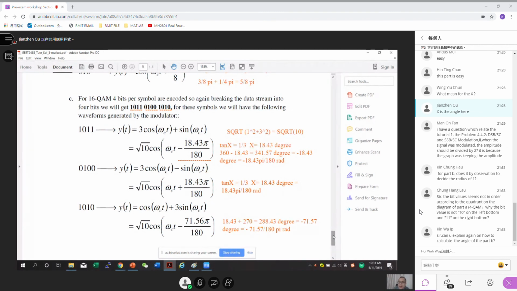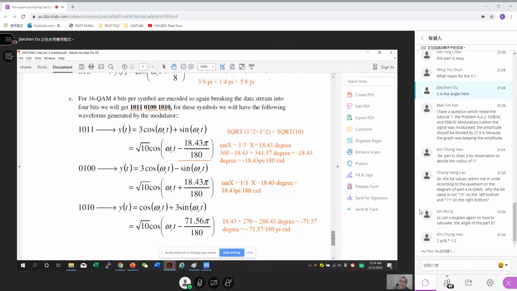For magnitude, you use triangular mathematics. For the angle, you sometimes have to use the initial phase for the PSK technologies, and then you add it one by one. Everything is just like high school mathematics. When you lay it down in the constellation diagram, it becomes much easier.